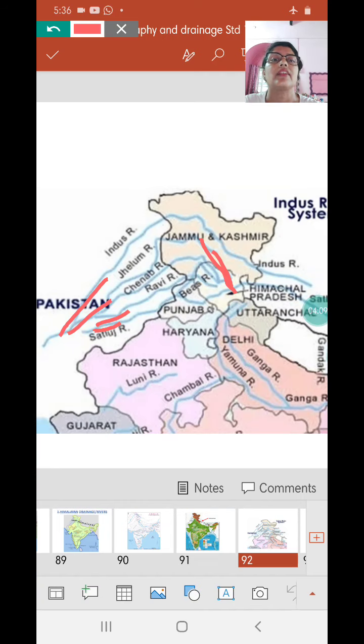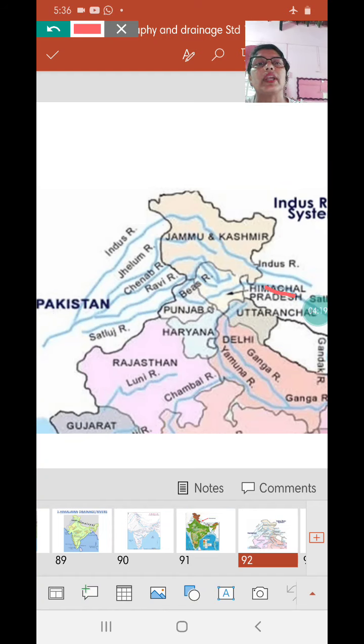The exception is river Satluj. River Satluj originates near Lake Mansarovar, rather in the lake of Mansarovar. After flowing from the Trans-Himalayas, in the Tibet region, after entering Himachal Pradesh, it enters Punjab and then it enters Pakistan before joining the river Indus.